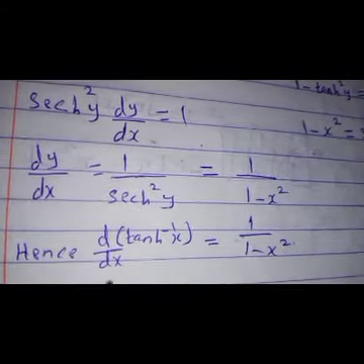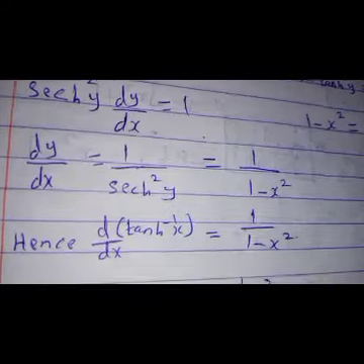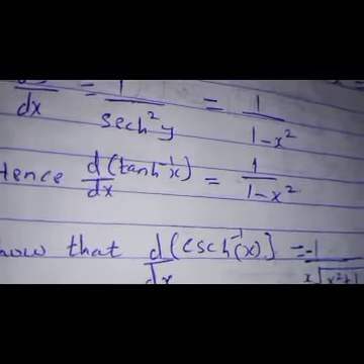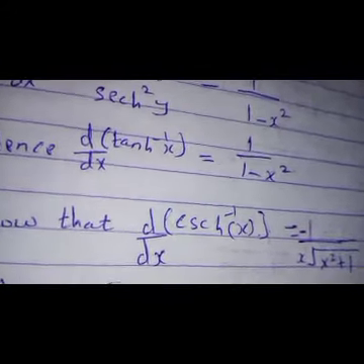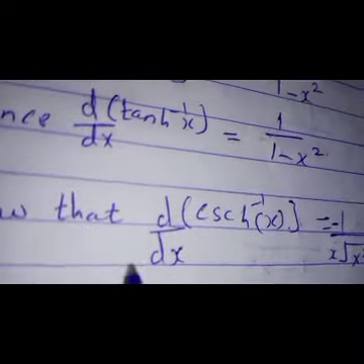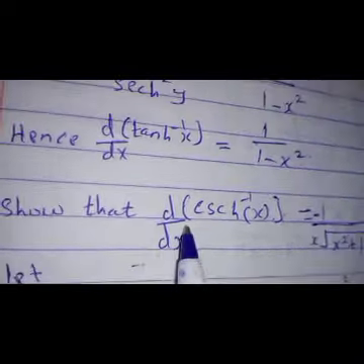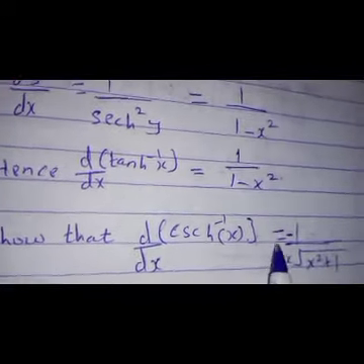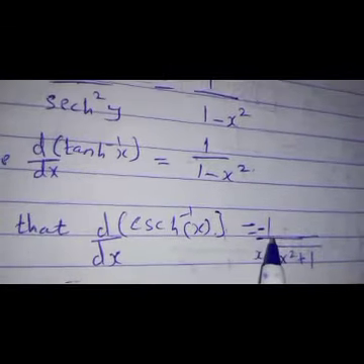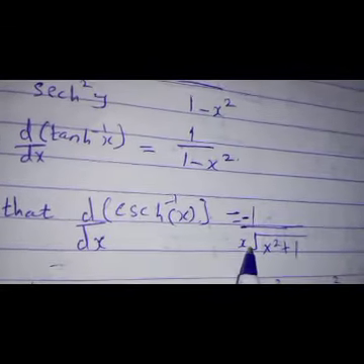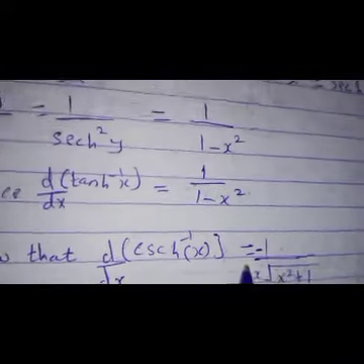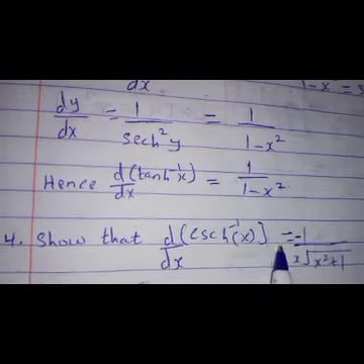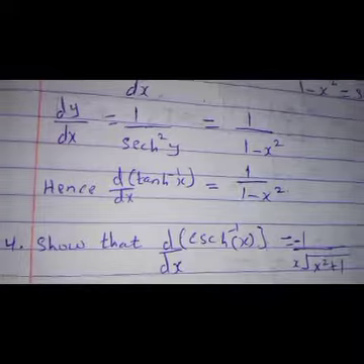Our next focus will be the derivative of inverse hyperbolic cosec x, and we are going to find out that it is given by -1 divided by x multiplied by square root of x squared plus 1. So be there so that you may understand how it is obtained.